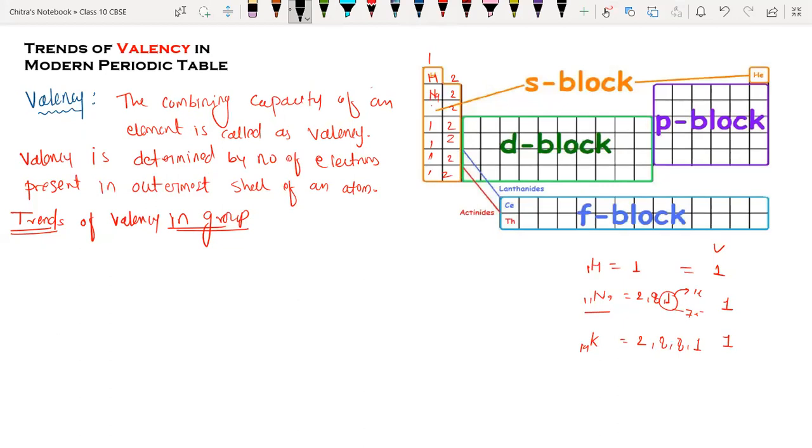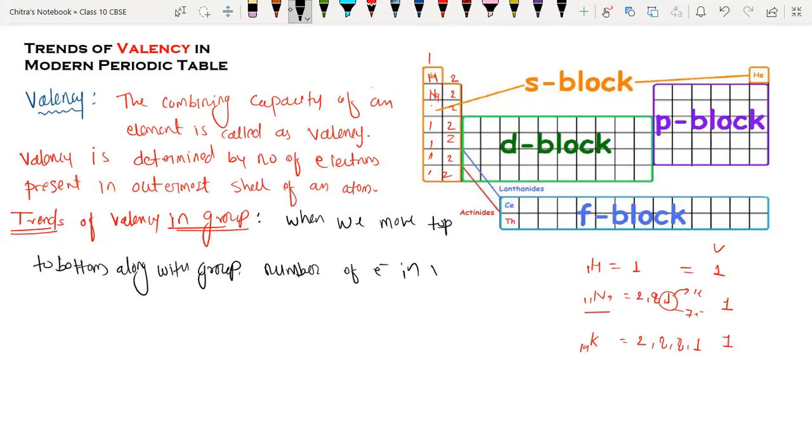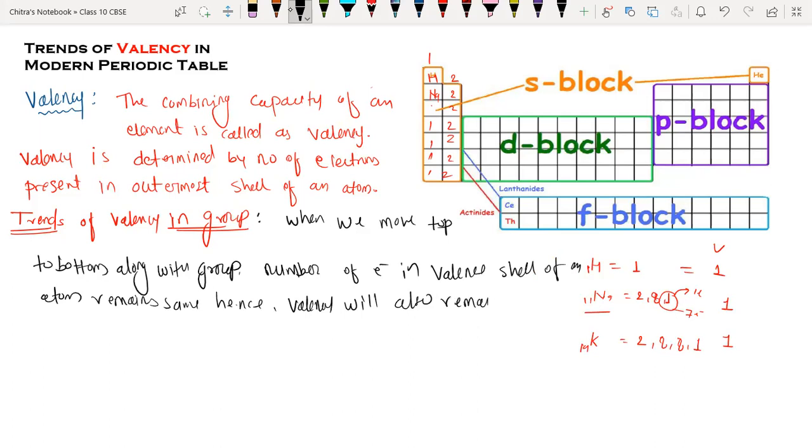So let me write the theoretical part for that. When we move top to bottom along with a group, the number of electrons in the valence shell of an atom remains same, hence valency will also remain same.